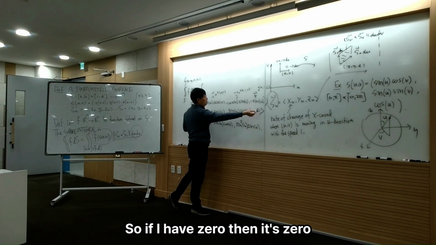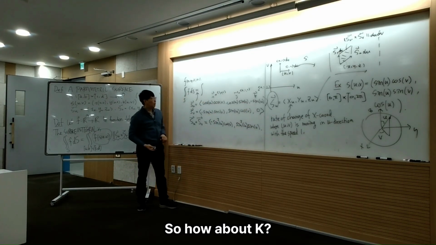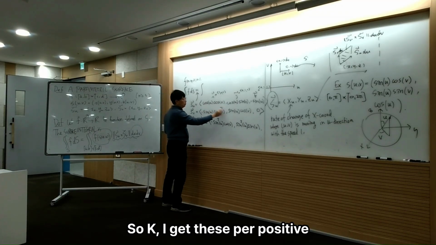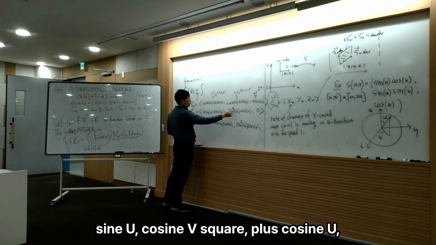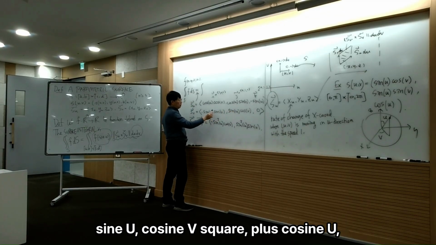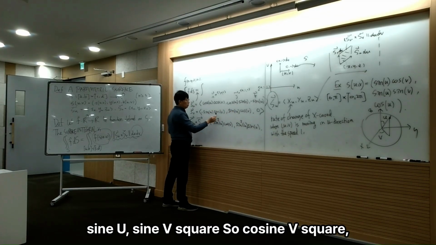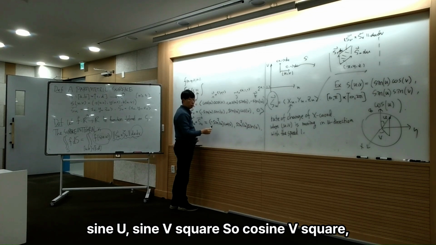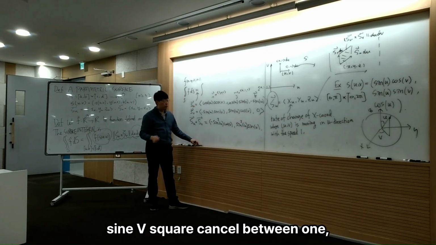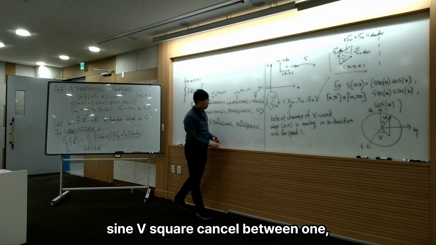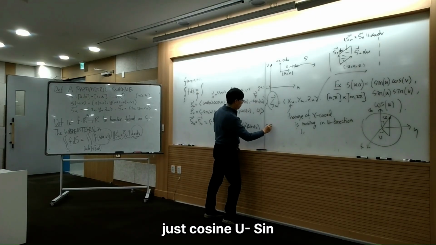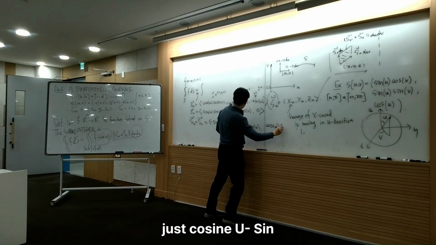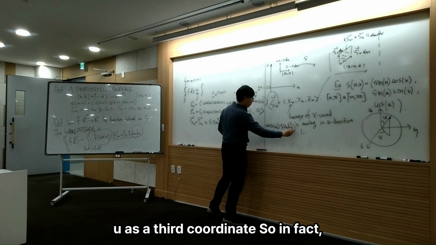If I have 0, then it's 0. How about k? For k, I get these positive and this negative. So you get cosine u sine u cosine squared v plus cosine u sine u sine squared v. So cosine squared v plus sine squared v cancel to be 1. So we have just cosine u sine u.